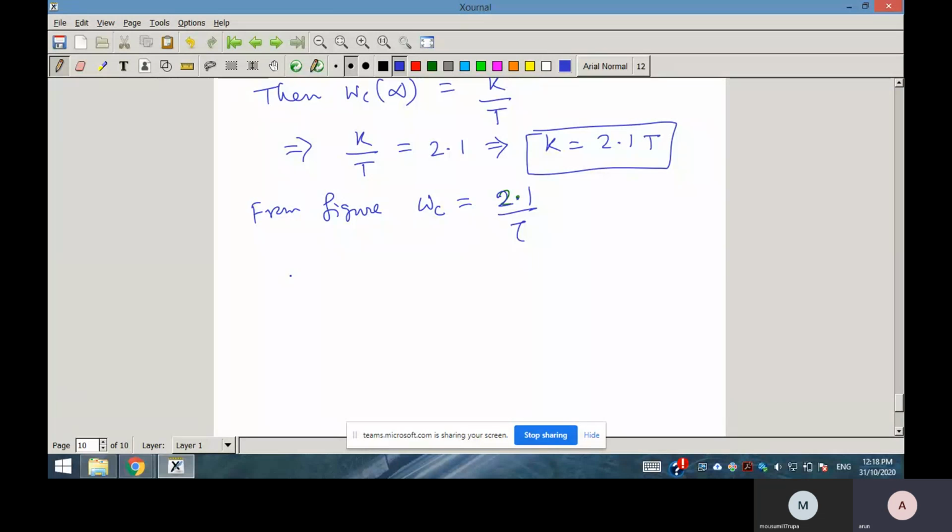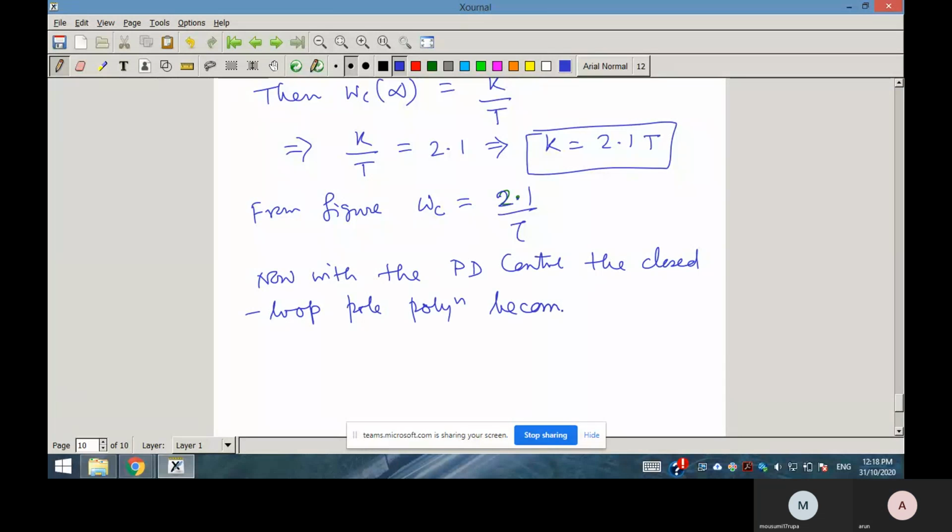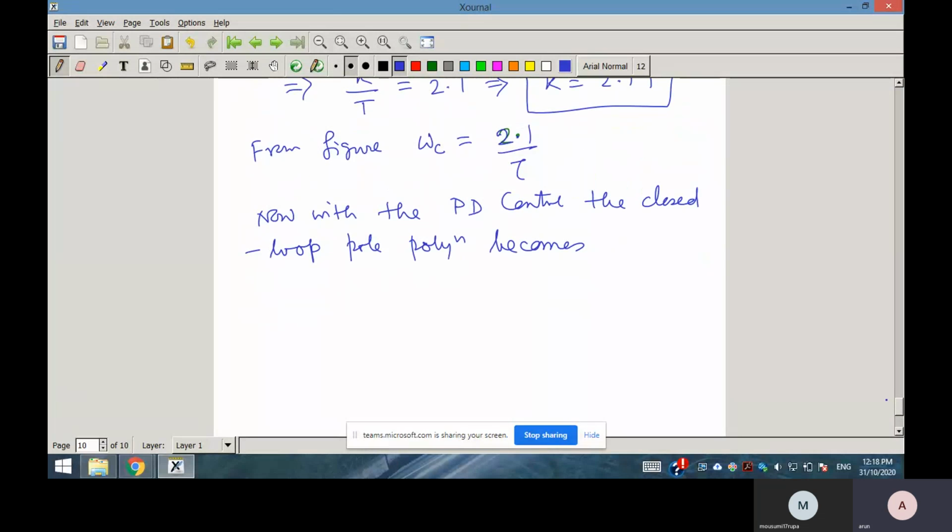With the PD control, the closed loop pole polynomial becomes 1 plus GC equal to 0.